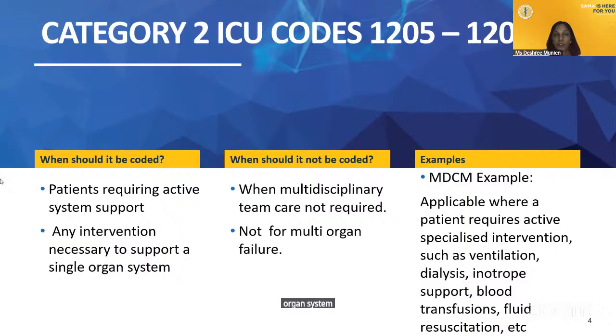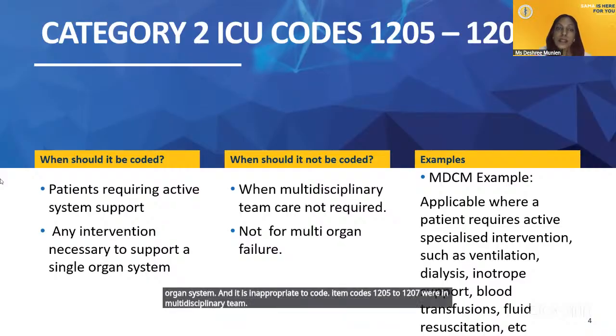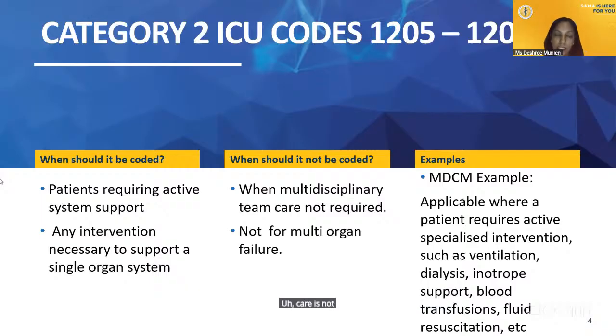And it is inappropriate to code item codes 1205 to 1207 when multidisciplinary team care is not required. And these codes are not appropriate for multi-organ failure.